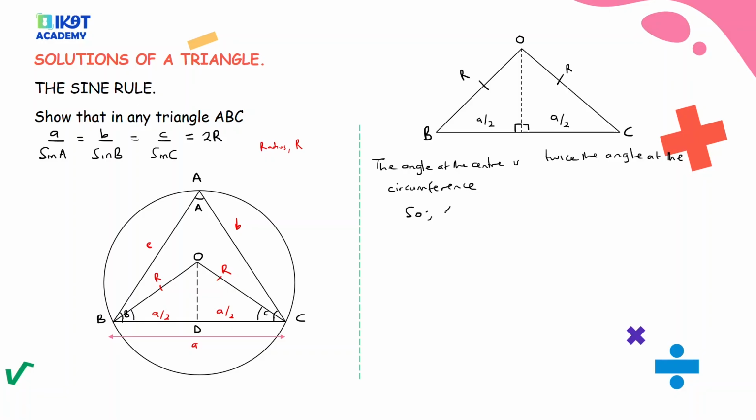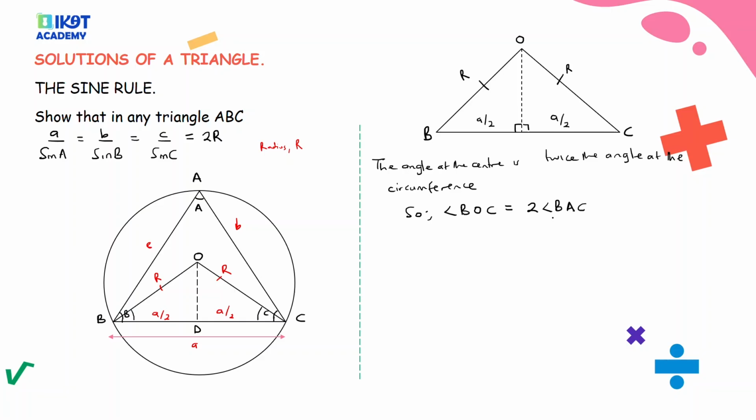This means angle BOC, because angle BOC is the angle at the center for this triangle, is going to be twice the angle at the circumference, and in this case it's angle BAC. So we're obtaining this from the first circle property.